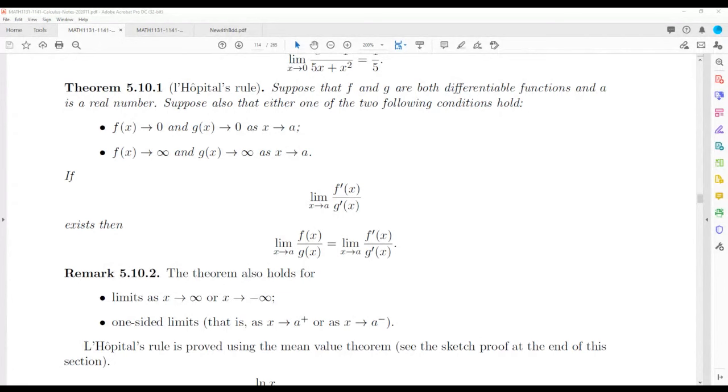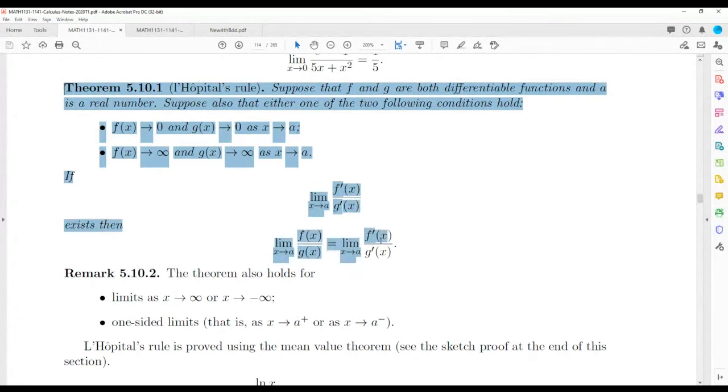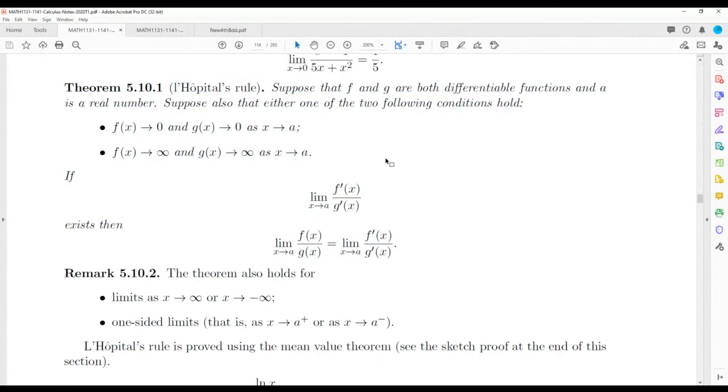So this is the idea, and it says that if you have the limit of a quotient and you want to take the limit, but the limit gives you these weird forms, they're called indeterminate forms, then all you do is you differentiate the top, differentiate the bottom, and retake the limit.